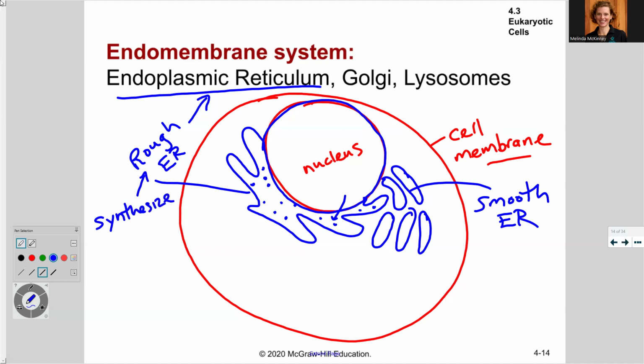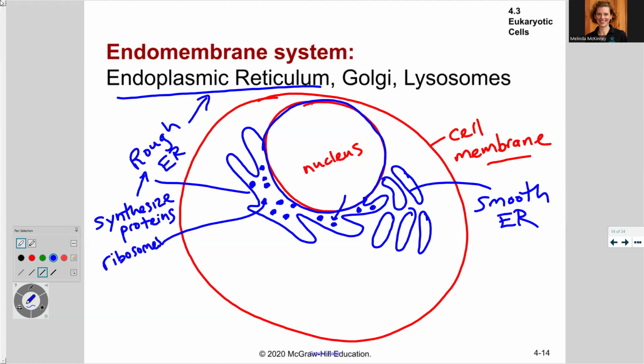And that just means it makes proteins. It makes proteins because it's covered in these dots, which are ribosomes. And ribosomes are little complexes that make proteins. So these little things here are ribosomes.